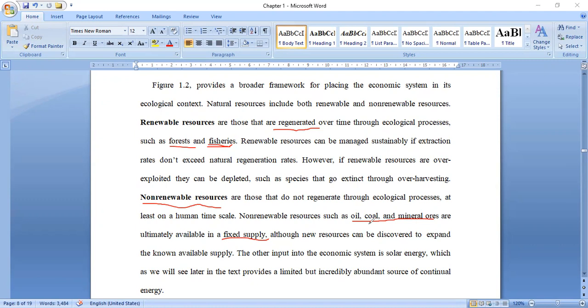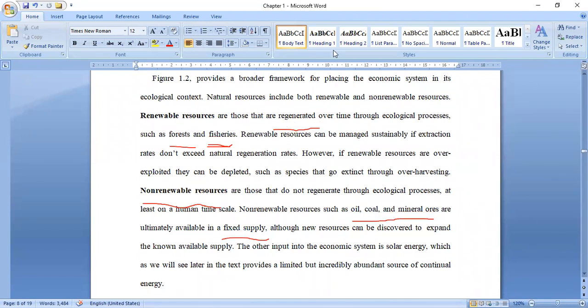As you continue drilling and extracting that oil, at a certain time in future it will get exhausted from those oil wells. So that's what we mean by non-renewable resources. So natural resources are either renewable or non-renewable.